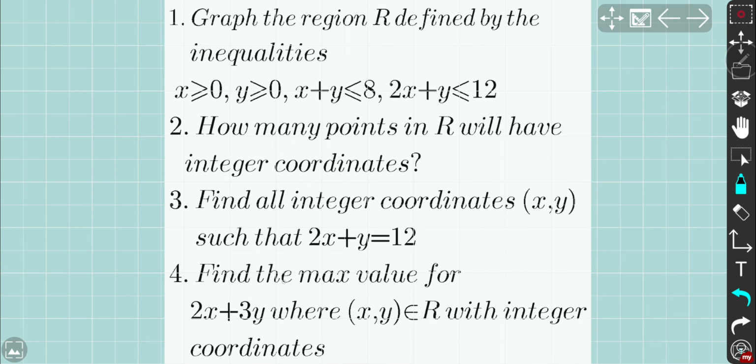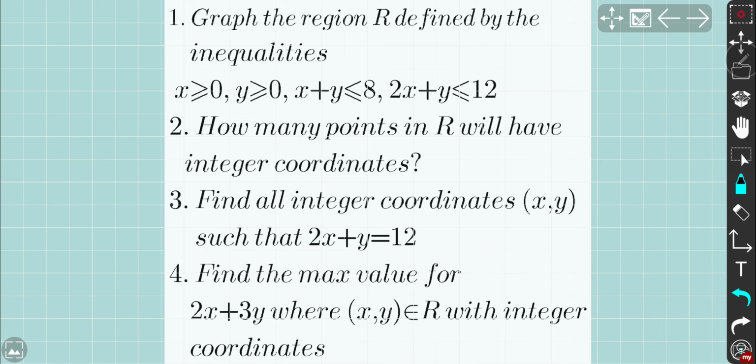So you need to find the maximum value of that expression 2x plus 3y, where x and y are from that region, of course, with integer coordinates. So guys, try to pause the video if you know how to do each part. Pause the video, try to do it on your own, and then I'll start with the explanation.